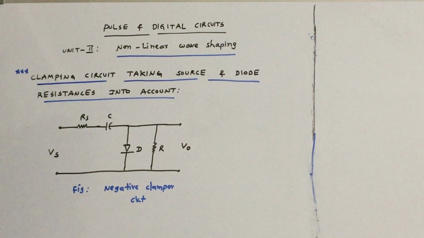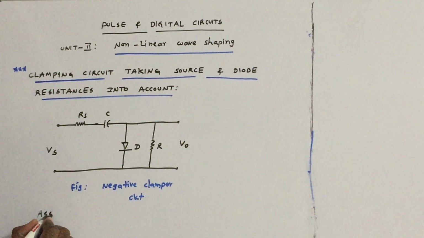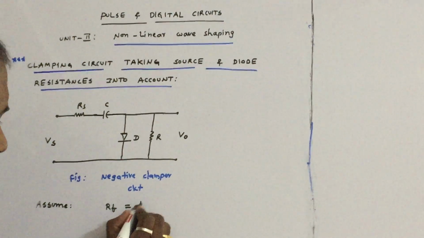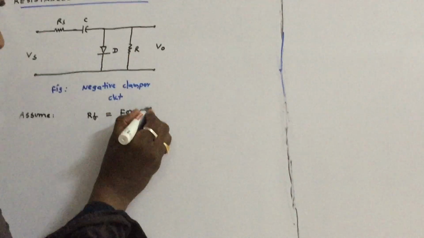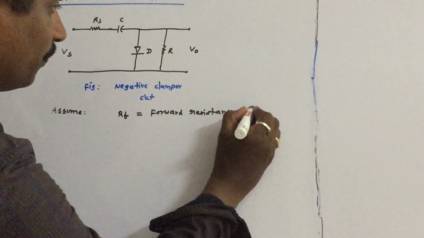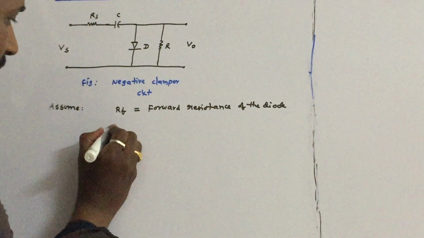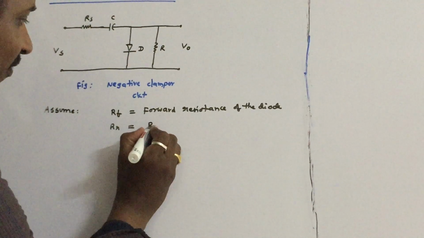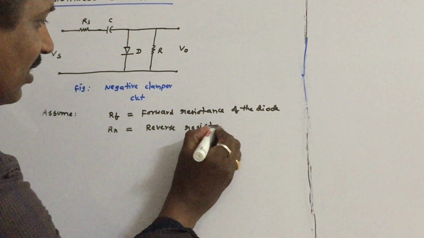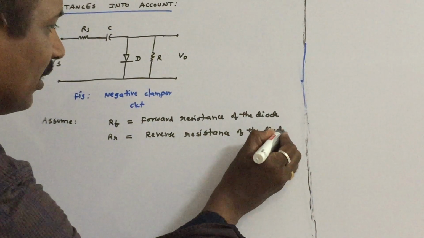Now here, assume Rf is the forward resistance of the diode, that is, when the diode is conducting, in the on condition. Rr is the reverse resistance of the diode, when the diode is in the off condition.